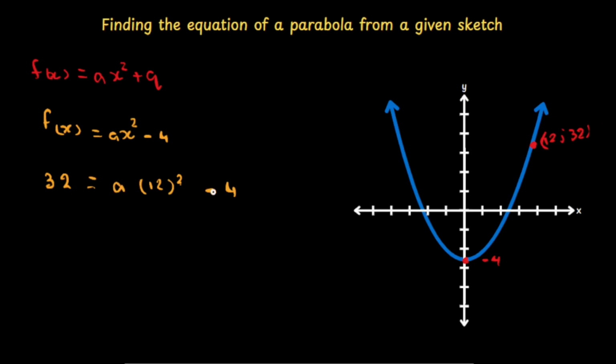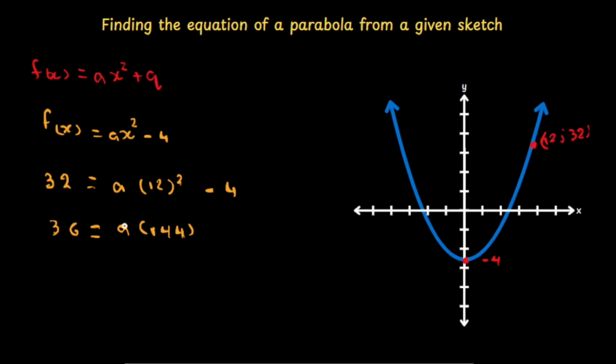So let's simplify this equation. Let's do some transposition and solve for a. If I move the negative 4 across in order to isolate a, I would now get 32 plus 4, which would leave me with an answer of 36. So 36 is equal to a times 12 squared, which is 144. So 144 times a is equal to 36.